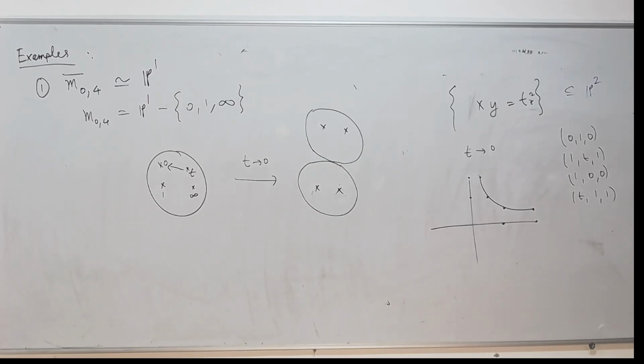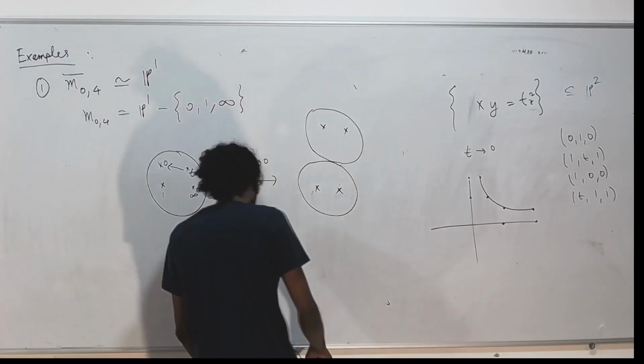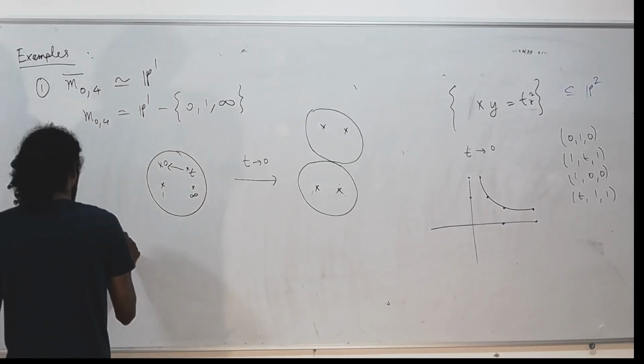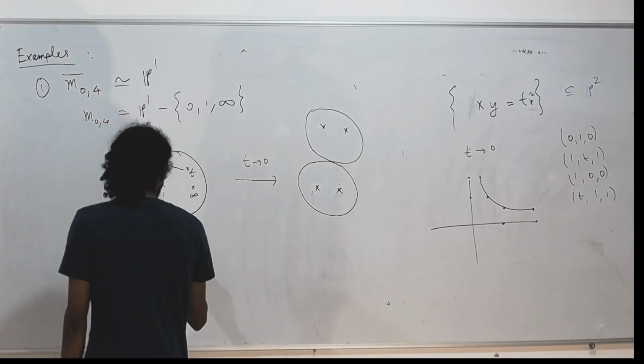Okay, I think I'm going way slower than I thought. So another thing: we're interested in the boundary. You define the boundary in M-g-n bar as basically everything that was not in M-g-n. It's the extra things that you had to add to make it compact. That's the boundary. And so here the boundary of M04 bar is actually 3 points.